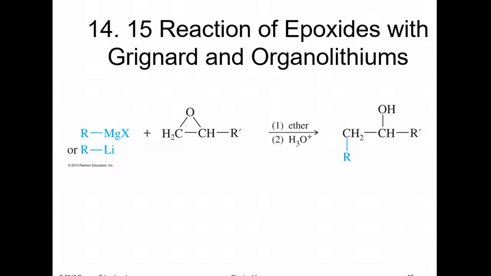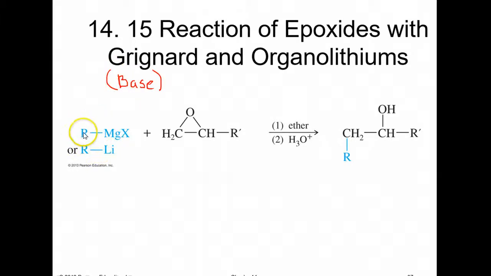All right. The very last chapter is now adding Grignards or organolithiums to epoxides. Same type of analysis as we saw in the base catalyzed. These are bases. These are strong bases. So it's very similar to the base mechanism of the epoxide opening.